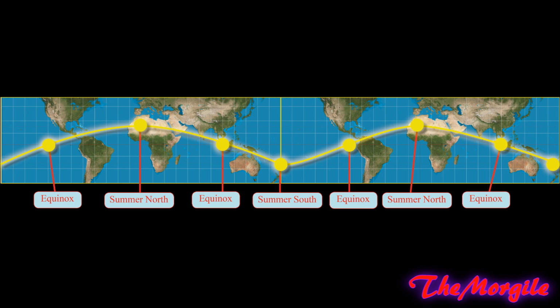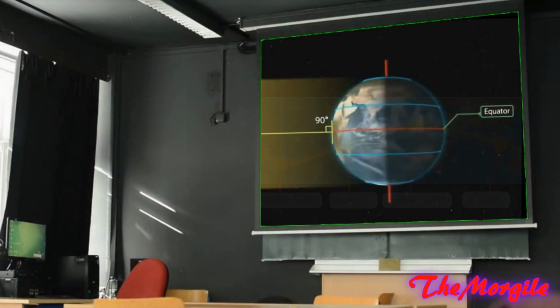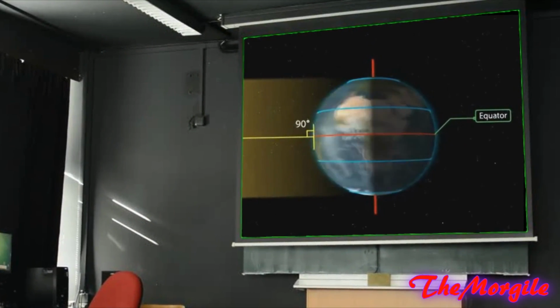And on the other hand, the sun appears to be over the Tropic of Cancer during the northern summer, that would be during the alleged orbital perigee. And of course, during the equinoxes, the sun is apparently over the equator.